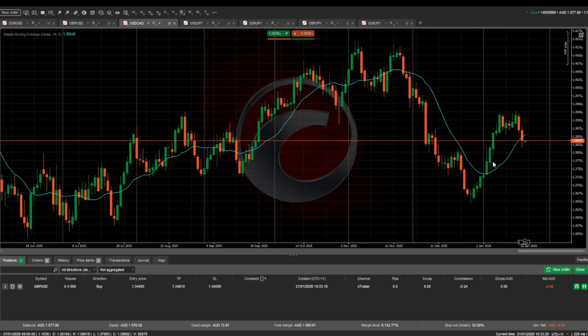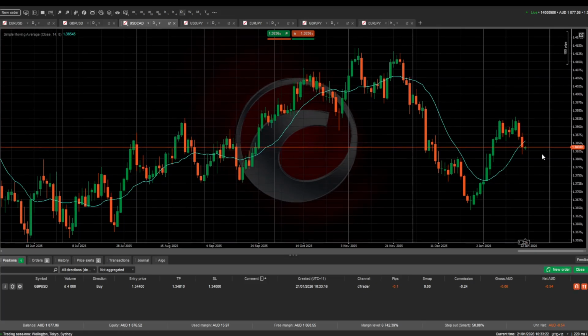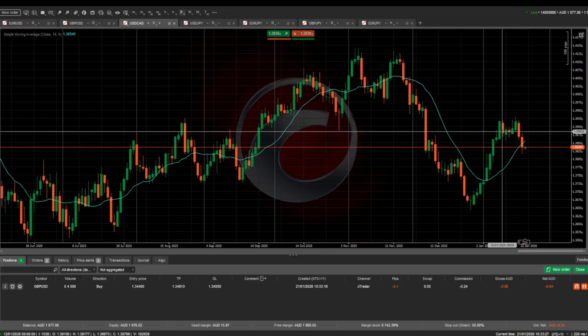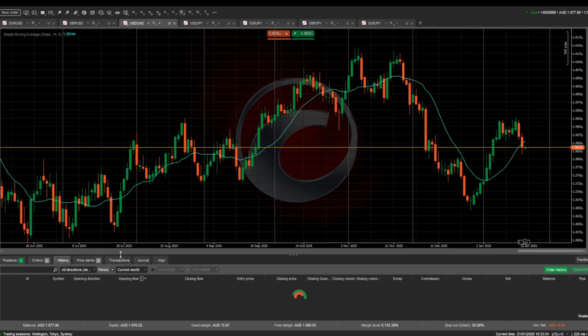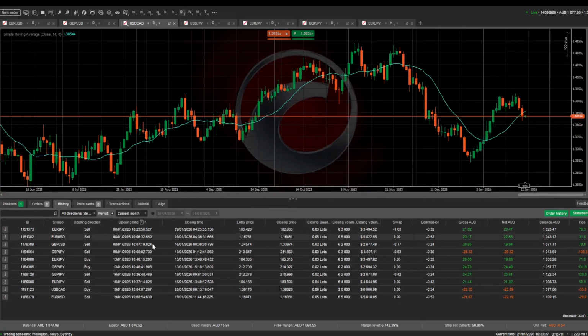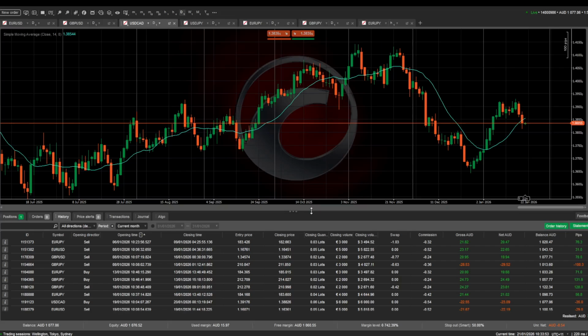Next one, US CAD. This one I quite like. I like this a lot, actually. I like it for two reasons. The previous ones here and here, which I did place this trade, and actually it was one of the first losses we had after we had a big streak of wins, and then this one and the Euro USD were the first two losses I had after a big streak of wins.